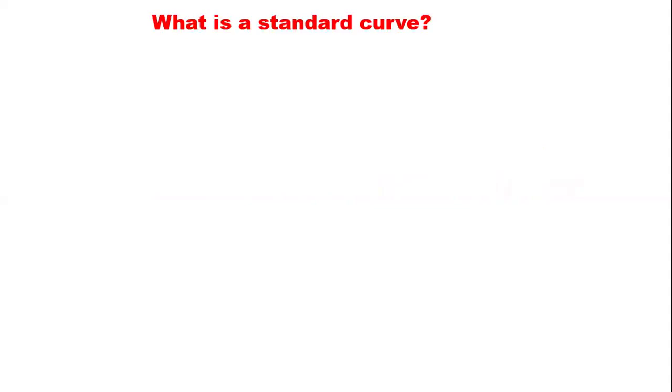So what is a standard curve? Right from the beginning of the experiment, we were discussing standard curve, calibration curve, absorption spectrum, which I believe by now you must have understood the differences between, or similarities if there are any.